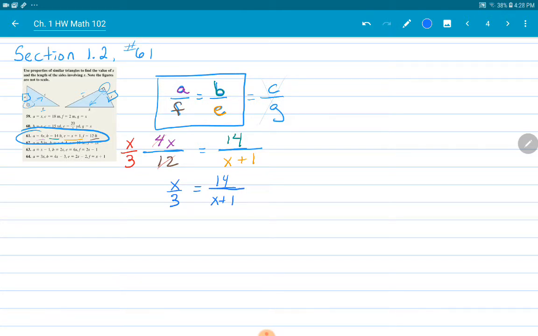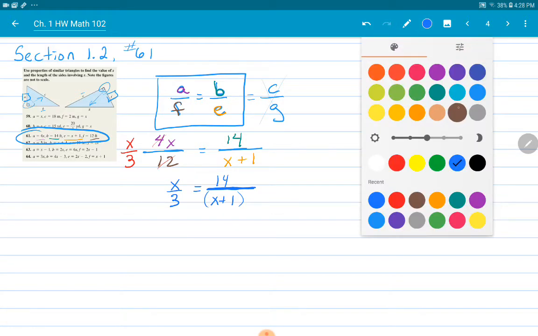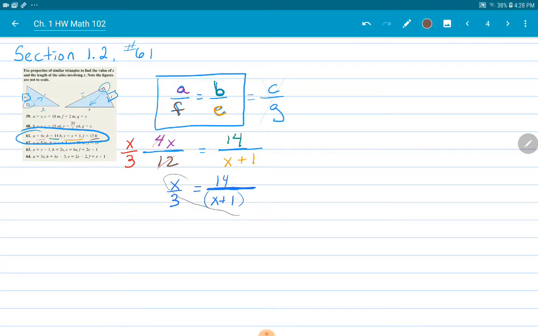The other thing I need to be careful of here is that this is a grouping symbol. So I can put parentheses around the x plus 1 to make sure I don't forget that that is a group. And when I cross multiply, I need to keep it as a group and distribute. So I'm going to use some color. Let's do this cross multiplication. So that's x times the group of x plus 1 equals, and let's use purple, 3 times 14.